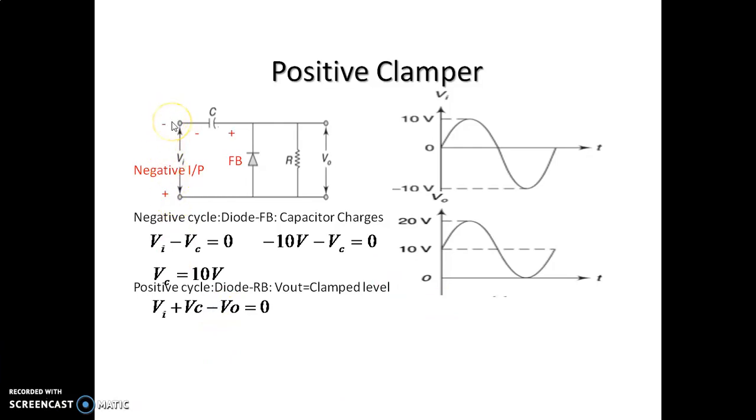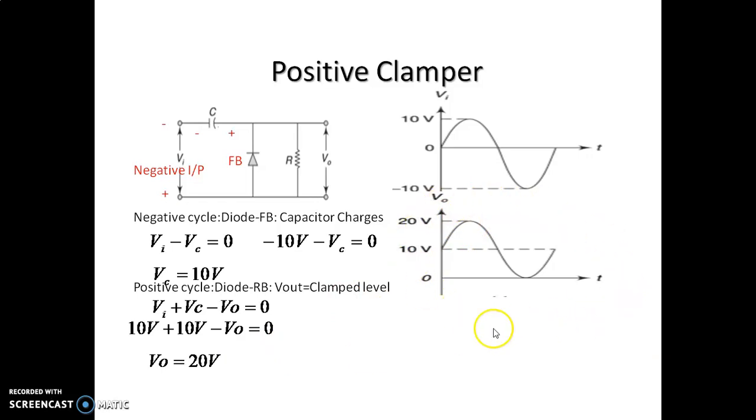That is, now it will be at the positive value and this will be at the negative value. So when we apply Kirchhoff's voltage law, it will be Vi plus Vc minus V0 is equal to 0. What is the level of the input now? It is 10 volts and Vc is also at 10 volts. So V0 will be equal to 20 volts. That is the maximum value of the signal will be at 20 volts.